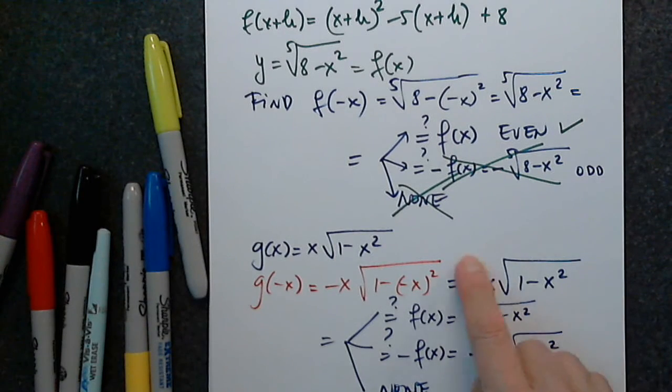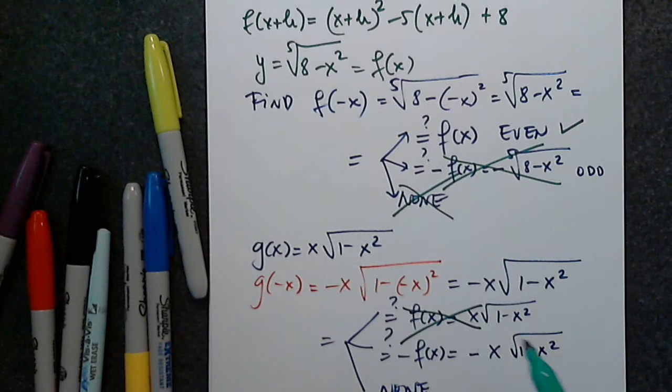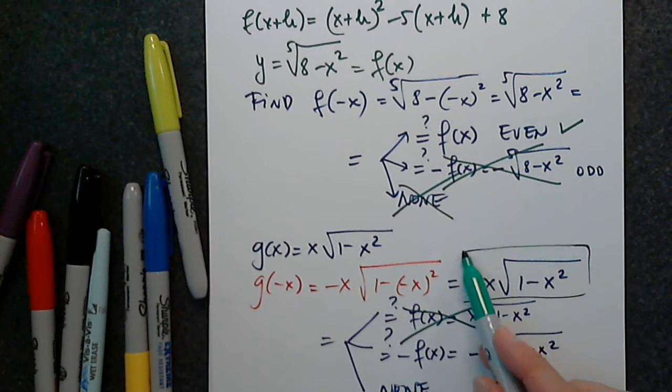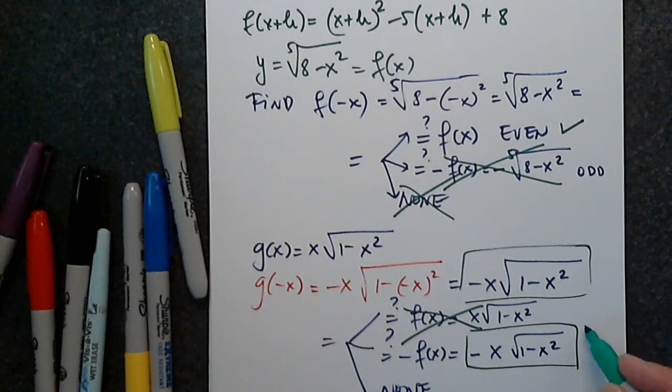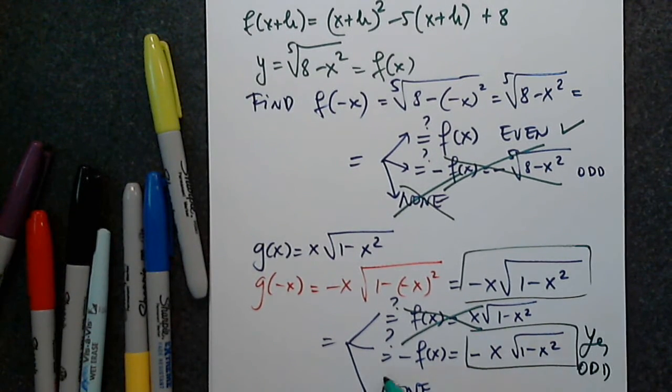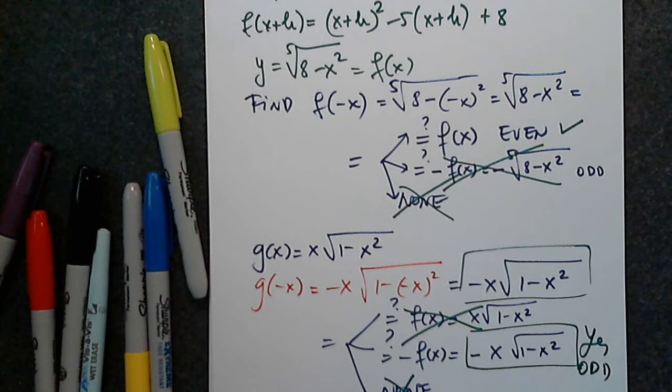So does this equal the original function? No. Does this equal the opposite of the original function? So I will say yes, so the function is odd, and the graph will be symmetric with respect to the origin. Does that clarify? Okay, very good.